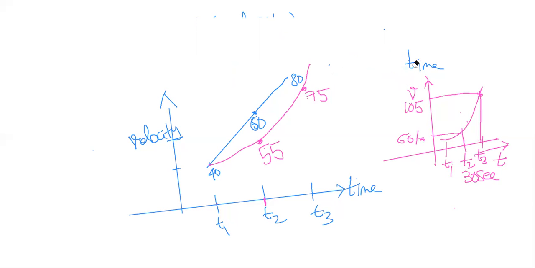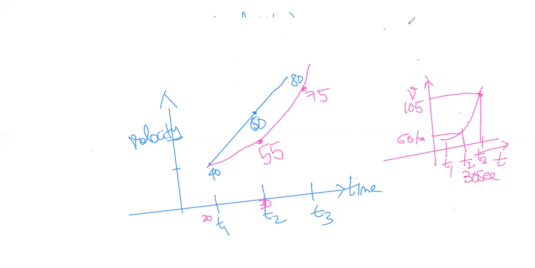What is average? At t equal to something, T1, T2, you have two different times. Between T1, that is, let us assume 20 seconds and 30 seconds. At 20 seconds, this was the speed. At 30 seconds, this is the speed. I want to find out the average speed between these two.